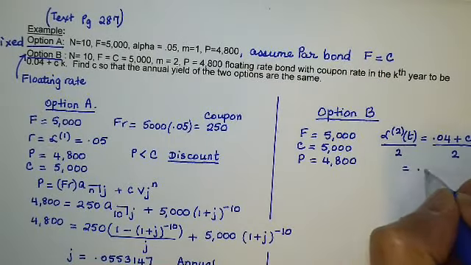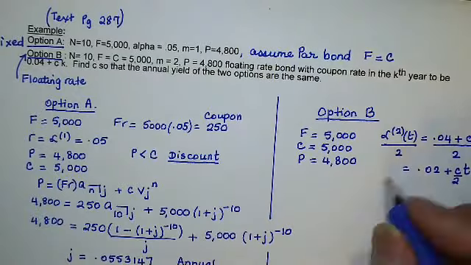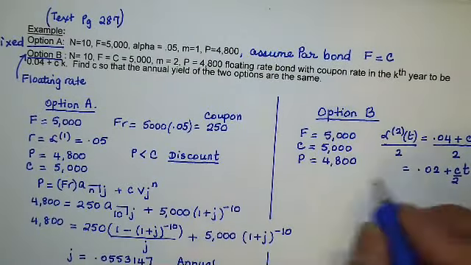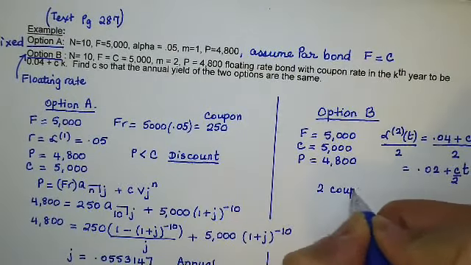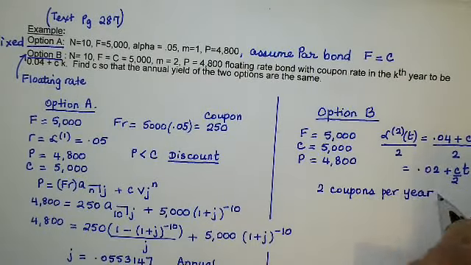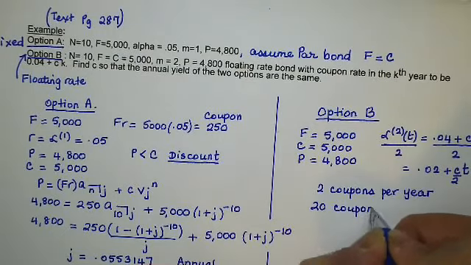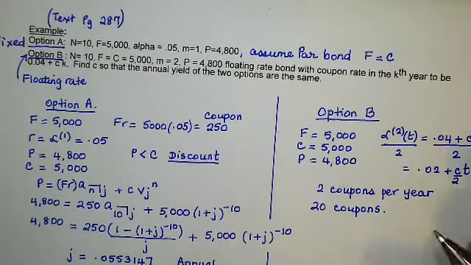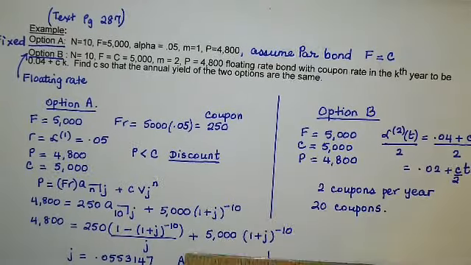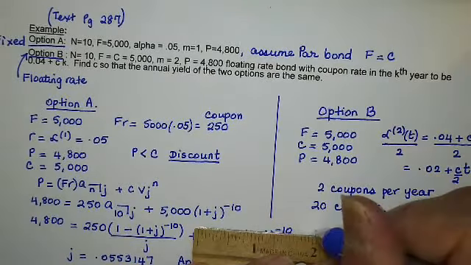Therefore, alpha 2 over 2 is equal to 0.04 plus Ct divided by 2, which is equal to 0.02 plus C over 2 t. So this one has 2 coupons each year. So there are 20 coupons. Let's draw a timeline for this one.